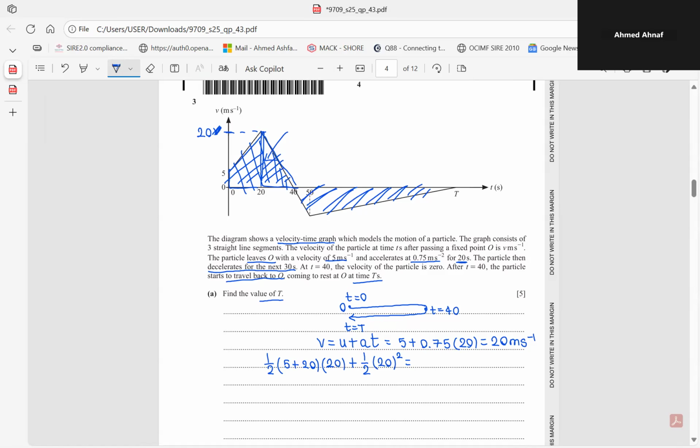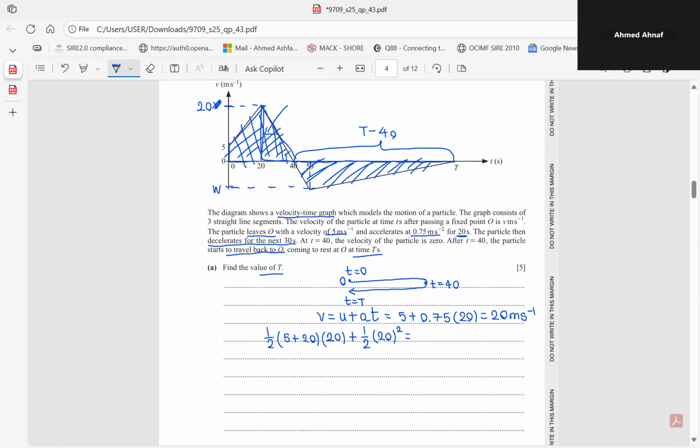To find this area, we're given the height of the triangle as well as the base length. The base length is running from t = 40 to t, so the length we can say is t minus 40. As for the height, we're also not given the value, so we're going to let this be W. Let's look for crucial information.